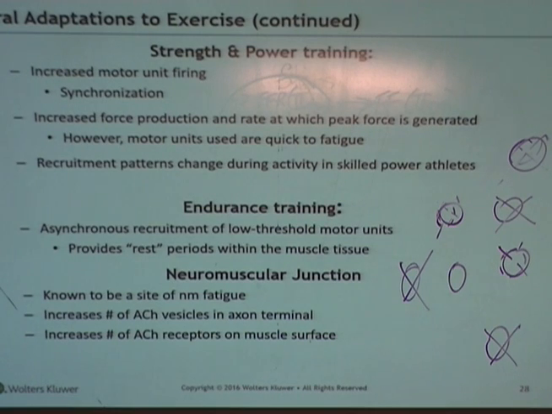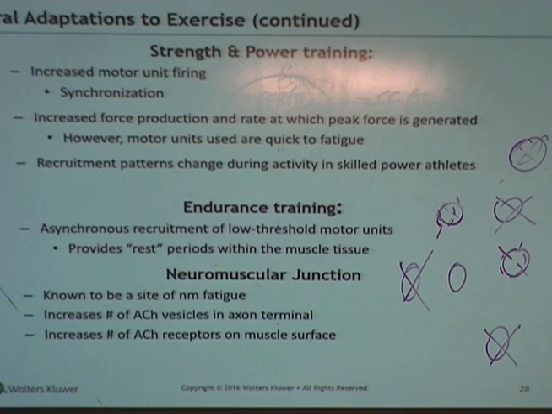Okay? So we see a couple of things happen. The size and the dimension of the neuromuscular junction increases. Right? So that allows me to have more little boxes in the axon to hold ACH. They're called vesicles. Right? It's like a little pocket that has the ACH in it.